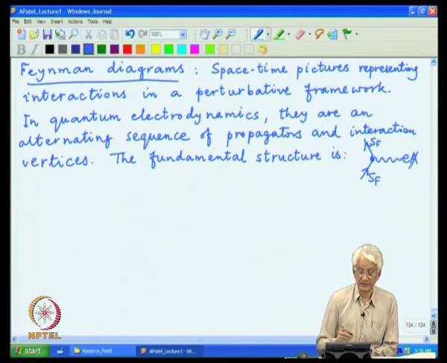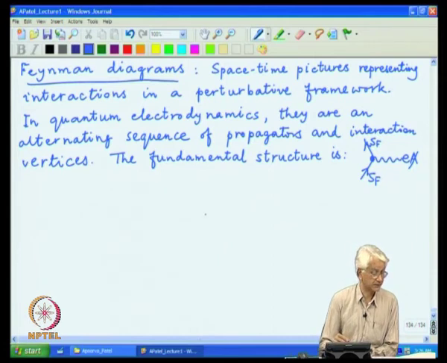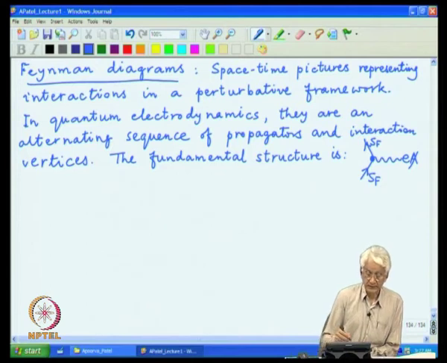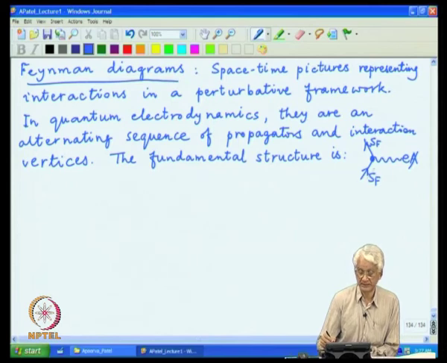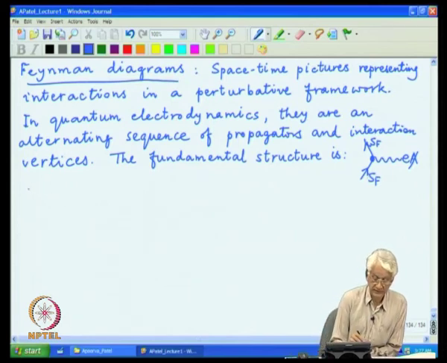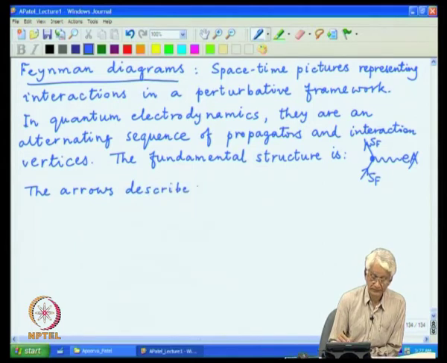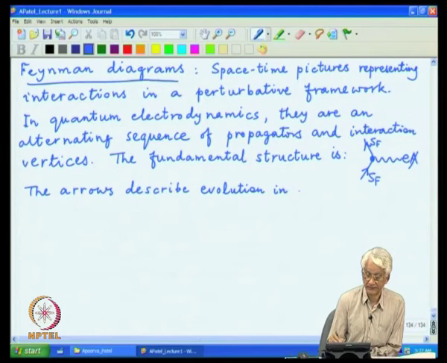This is a basic unit, and as I said, by repeating this one can have different descriptions in terms of how many orders of calculations you want to do. Now, this description certainly has one feature which is expressed here by the arrows. So, the arrows describe evolution in time.